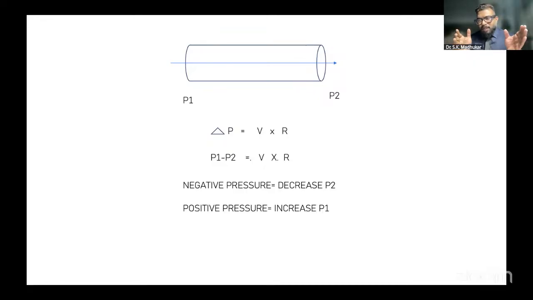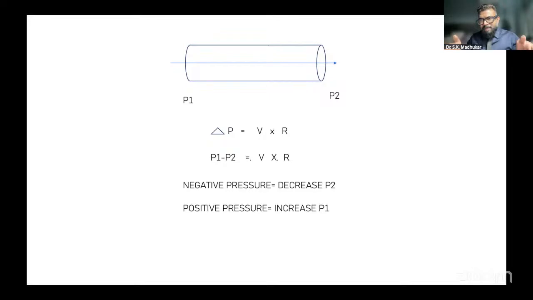So by Ohm's law, the pressure gradient is equal to flow times resistance. Now, what is this pressure gradient? Pressure gradient is the difference between P1 and P2. We suppose that P1 is the pressure at the mouth and P2 is the pressure in the alveolus.